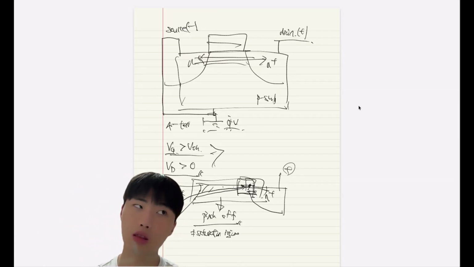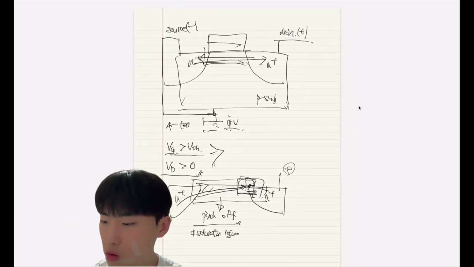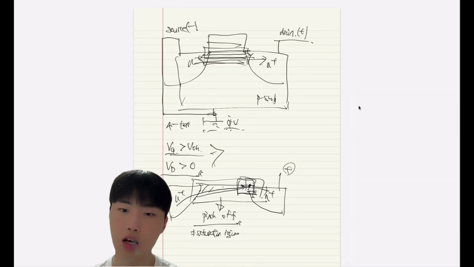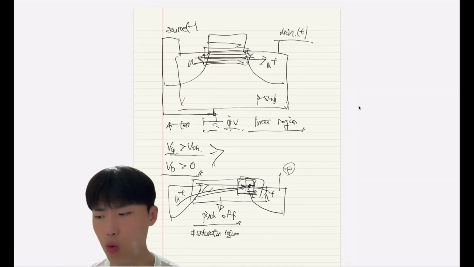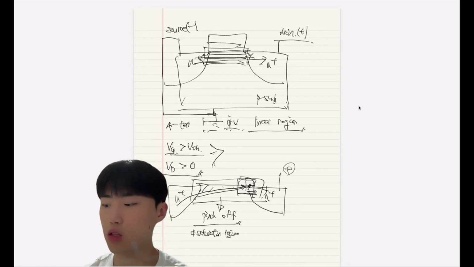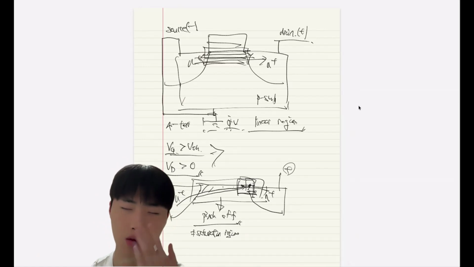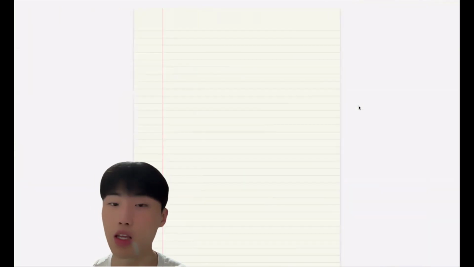Actually, it is not exactly constant, but we can say it is a constant value. Before the pinch off occurred, we said it is the linear region. Why is this part the linear region? I can show this by drawing the ID-VD curve.